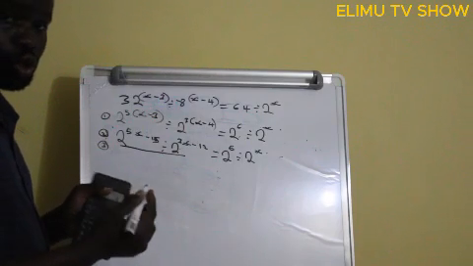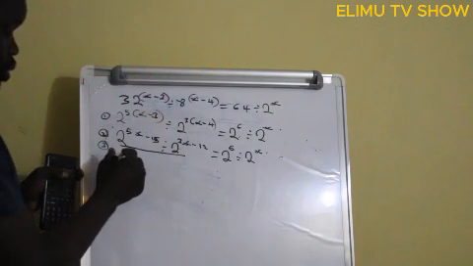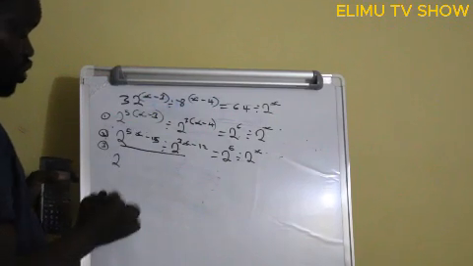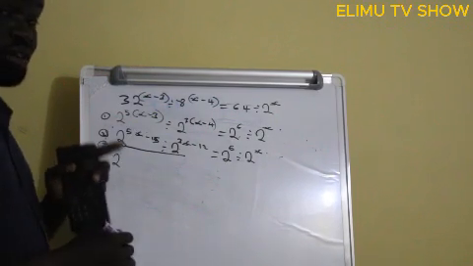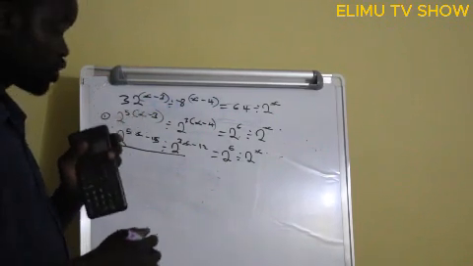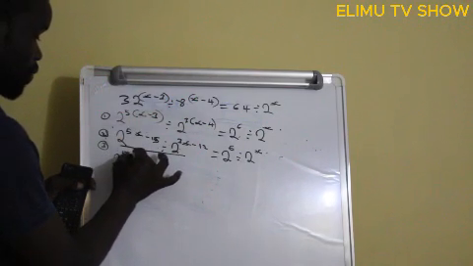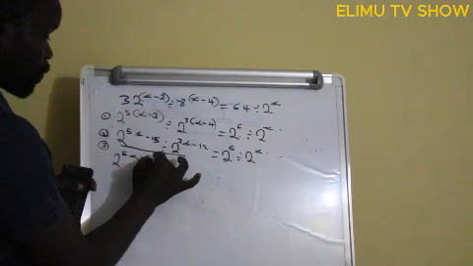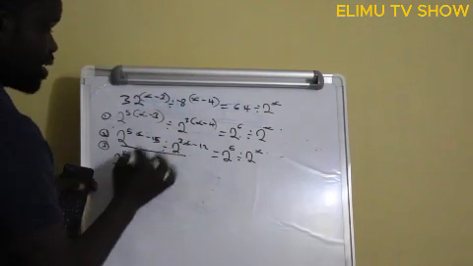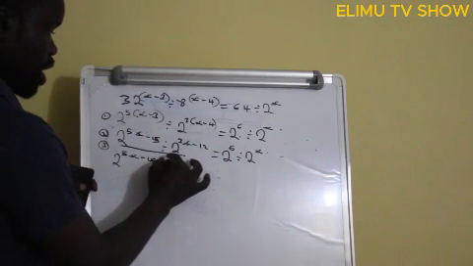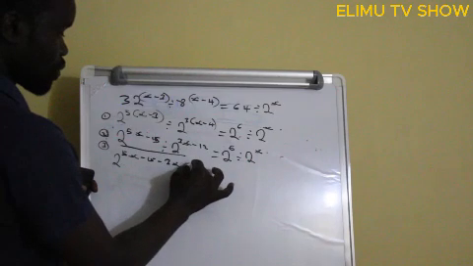We are going to take one base, which is 2, then the rest of the powers we subtract. We are going to have 5x minus 15 minus 3x minus 12.